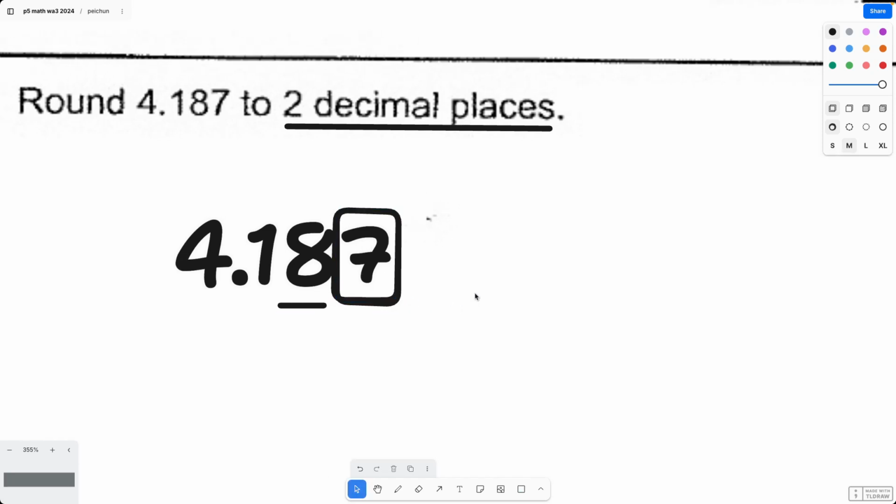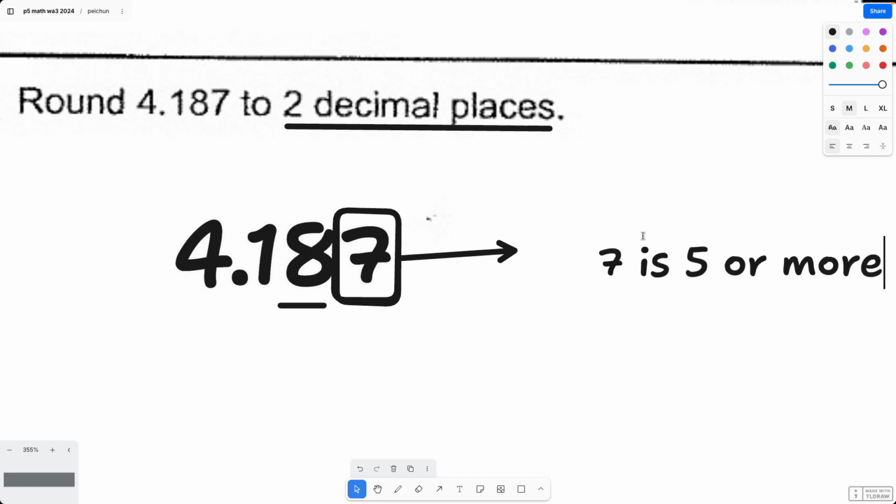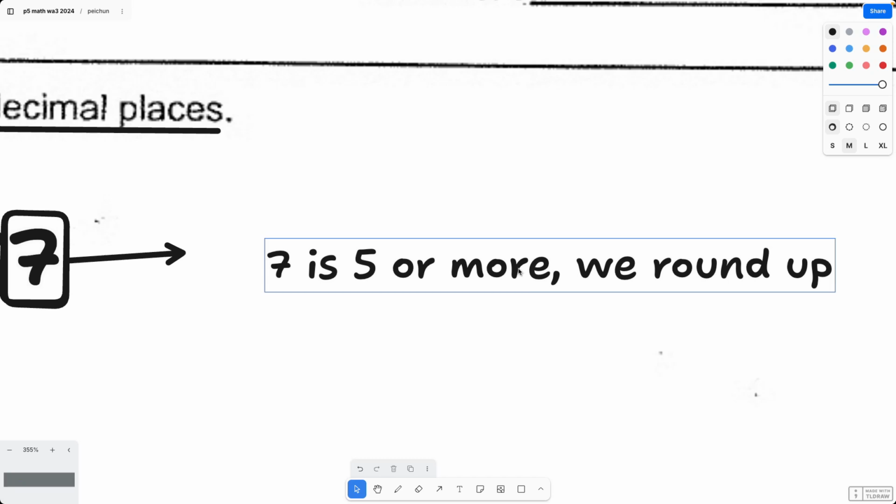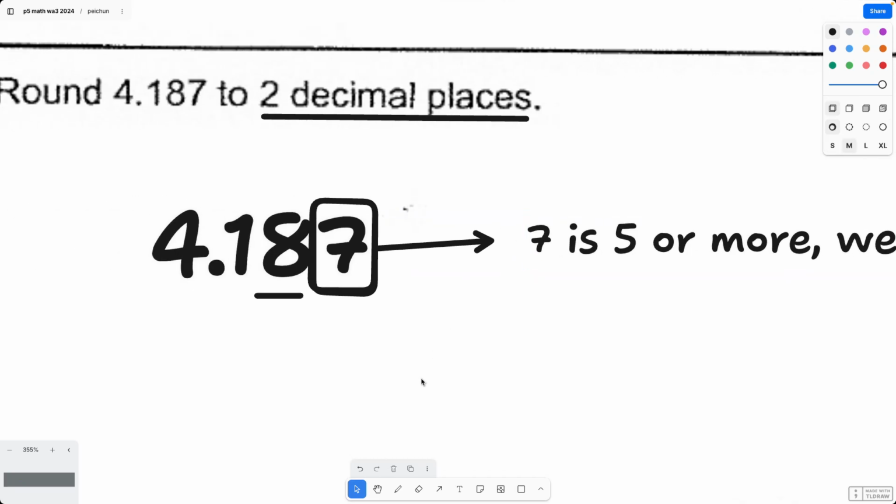In this case, 7 is 5 or more, so that means we round up. Basically, we just add 1 to the number 8.